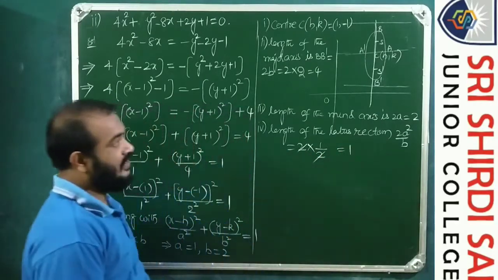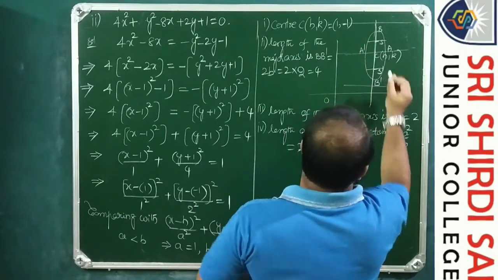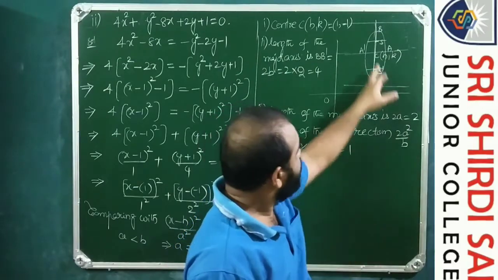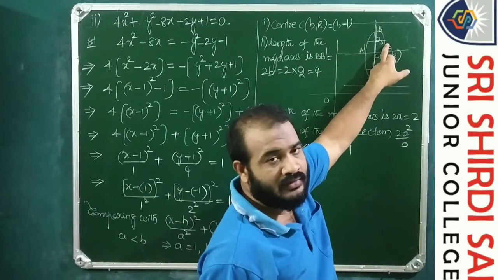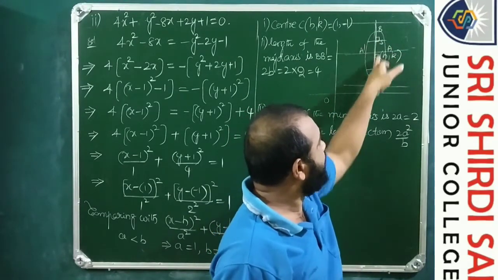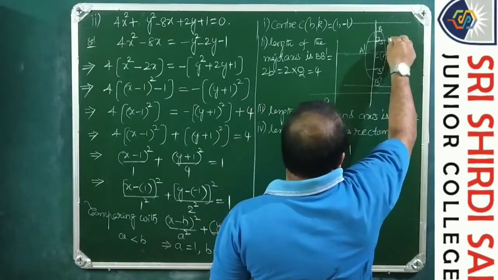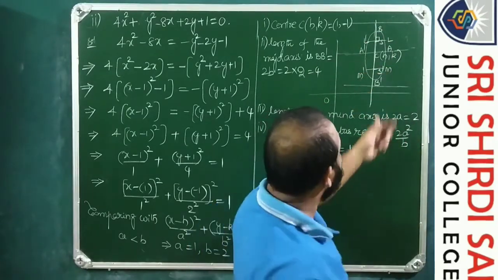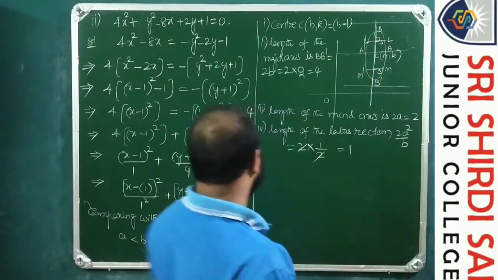So length of the latus rectum is 1. That means the latus rectum is the chord passing through the focus and perpendicular to the major axis. Therefore, if you suppose this to be L dash and M dash, so length of L dash and M dash is equals to 1.